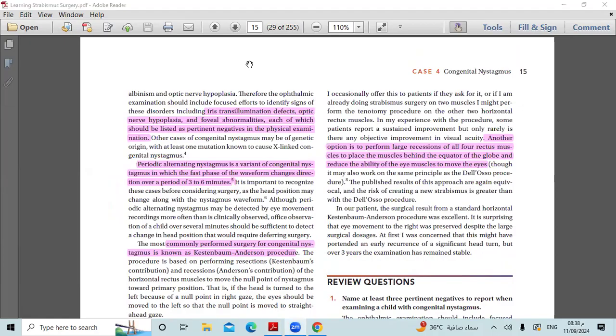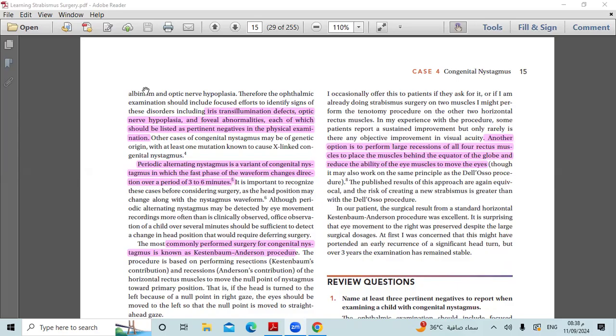I occasionally offer this to patients if they ask for it, or if I'm already doing strabismus surgery on two muscles, I might perform the tenotomy procedure on the other two horizontal rectus muscles. In my experience with the procedure, some patients report a sustained improvement, but only rarely is there any objective improvement in visual acuity.